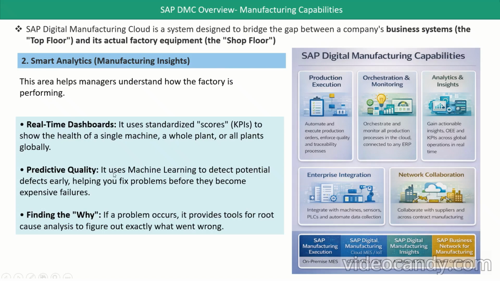Predictive quality: you can use machine learning to detect potential defects early. Finding the why: if a problem occurs, it also provides the root cause of that particular problem and how it got resolved, and each and everything will be captured and stored in SAP Digital Manufacturing on cloud.